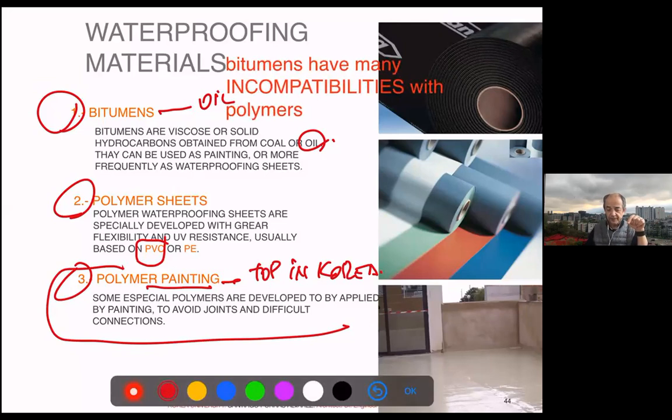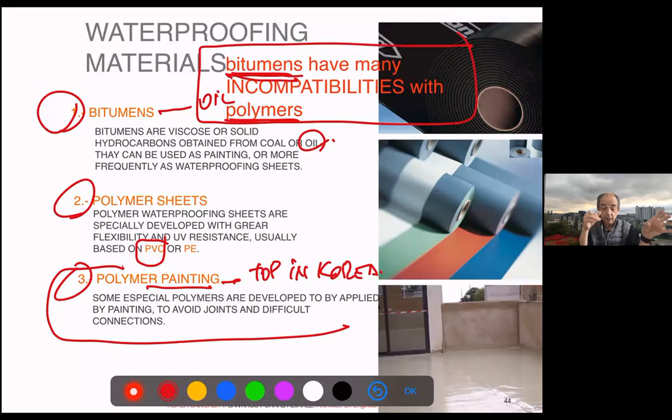One important point here is the incompatibility of bitumens with polymers. This is the problem we saw in the MOCA, the modern admixtion, with the silicone, which is also an oil-based fat solvent, with a polycarbonate, which is a polymer, and probably that fat, that oil is degrading the polycarbonate. Bitumens are pure oil processed, right?